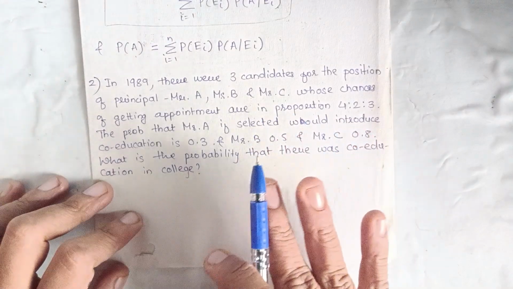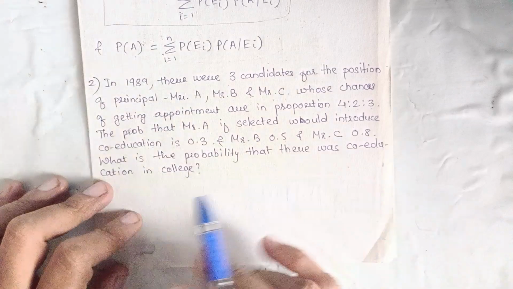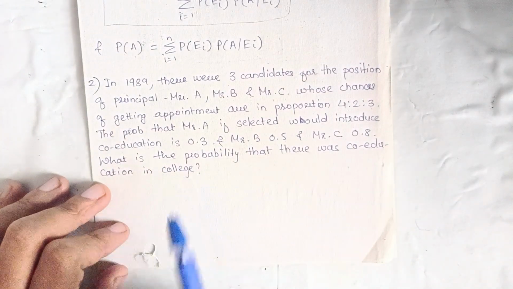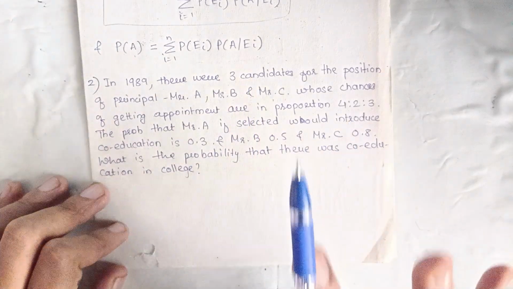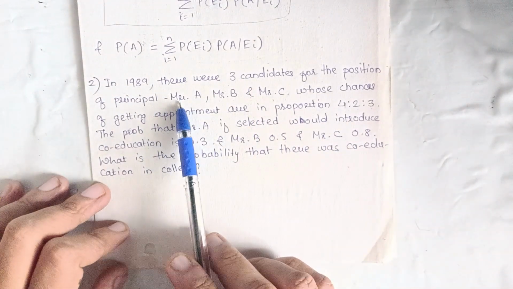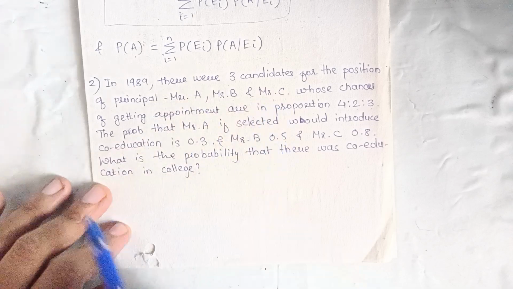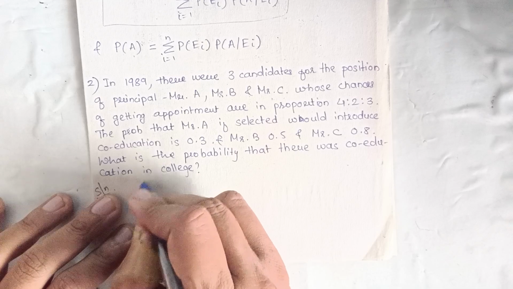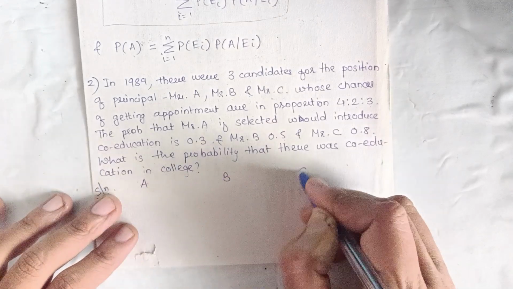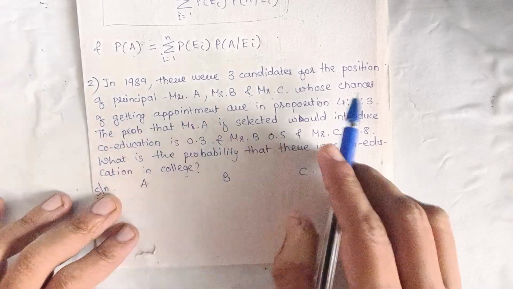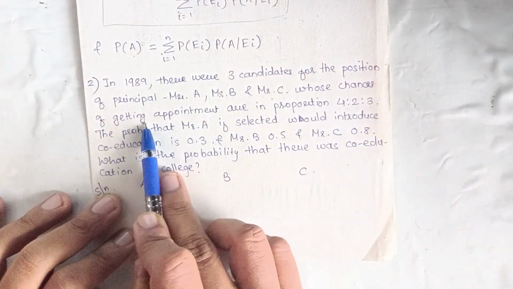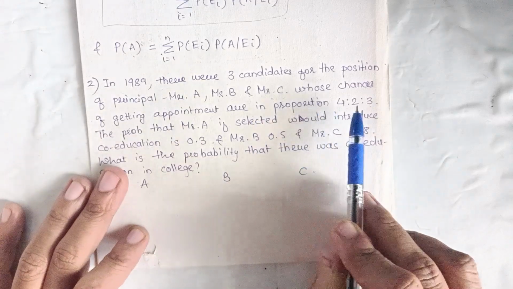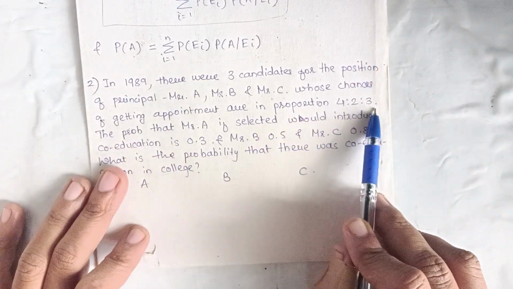Now, this is not based on Bayes theorem, because they have asked only the probability that there was co-education. But you have to find out the events and the event A also. So events E1, E2, E3 are Mr. A, Mr. B, and Mr. C. The chances of getting appointment means the probability of getting appointed, which is given in the proportion 4 is to 2 is to 3.